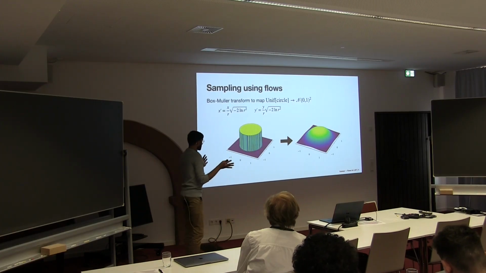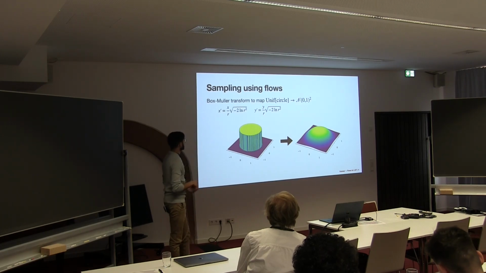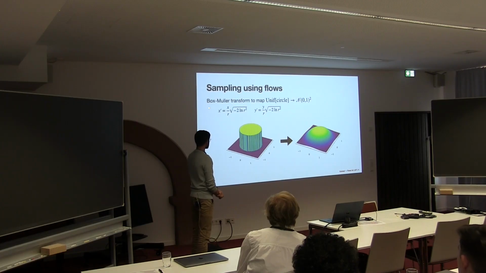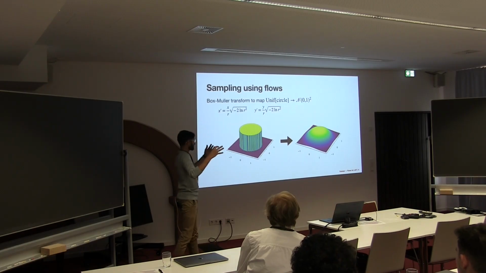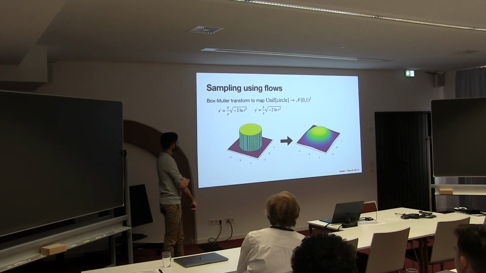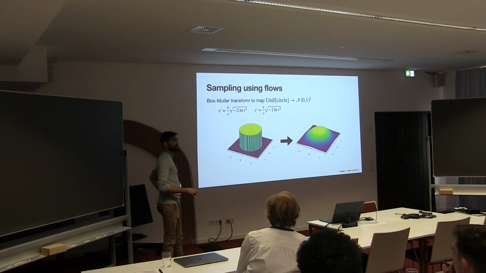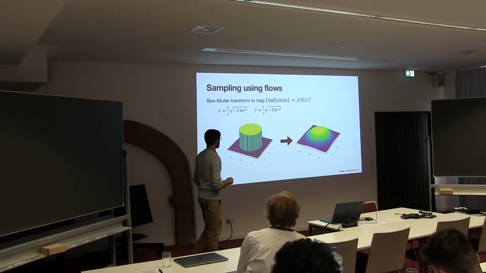OK, so let me zoom in a little bit on these flow-based models then. And I'd like to motivate this all by talking about a concrete flow-based sampler, which is actually a very ubiquitous tool. It's this Box-Muller transformation that's used to sample normally distributed, so Gaussian distributed, random variables on computers in a way that's tractable to handle and efficient.